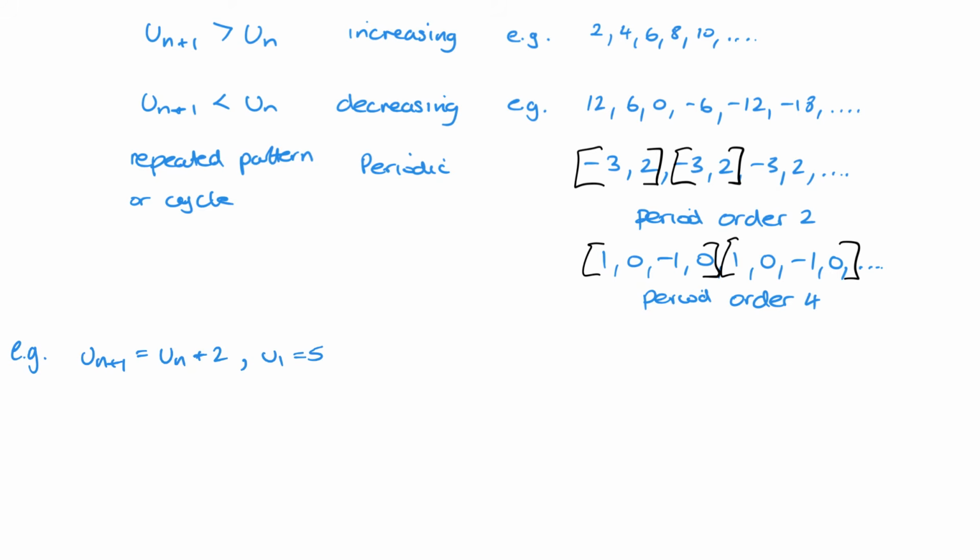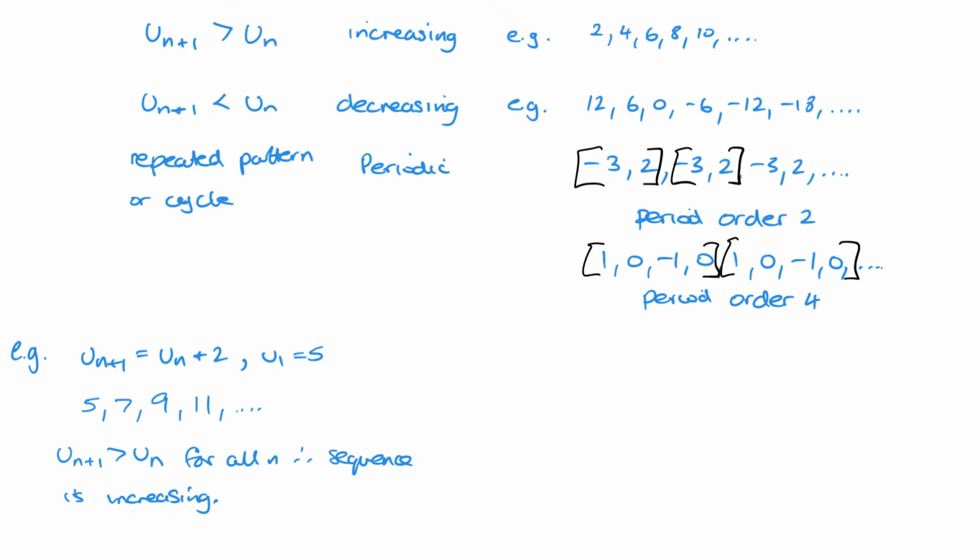It should be obvious, but we've got 5 plus 2, so we've got 5 as our first term, then 7, 7 plus 2 is 9, 11, and so on. So it's quite clearly an increasing sequence. We know that this happens for all n, therefore the sequence is increasing.